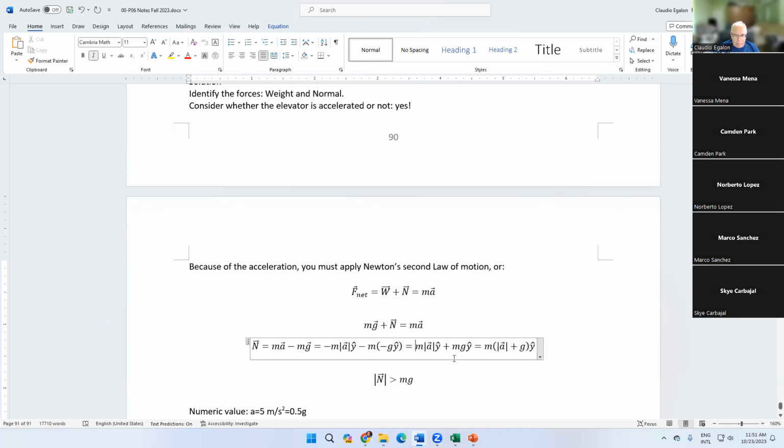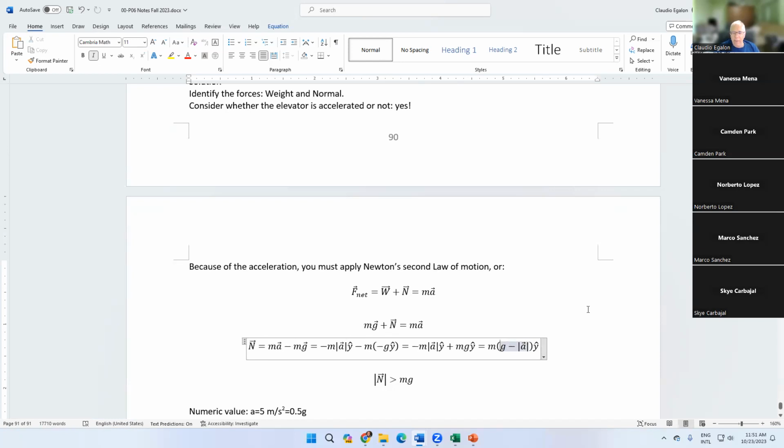And look what we end up getting. We end up getting something slightly different. Here you go. I'm going to commute those two terms. Instead of g plus a, you're going to get g minus a.